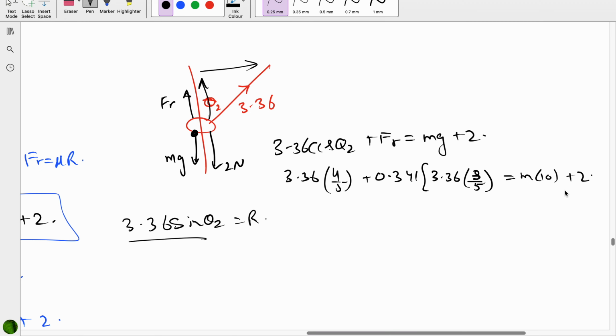Let's simplify. 3.36 times 4 by 5 plus 0.341 times 3.36 times 3 by 5, and it leaves an answer of 3.375456. Minus 2 is equal to 10m. So when we subtract 2 and divide by 10, mass comes out to be 0.137 kgs.